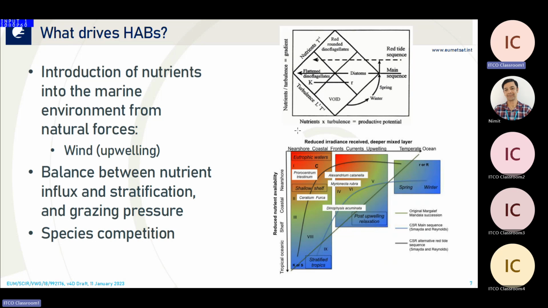So this is what we have here. That's a way of trying to understand which types of HABs we are going to have depending on which currents, which winds, which locations. So it's not an easy task as we see, but it's an important thing that we need to understand.